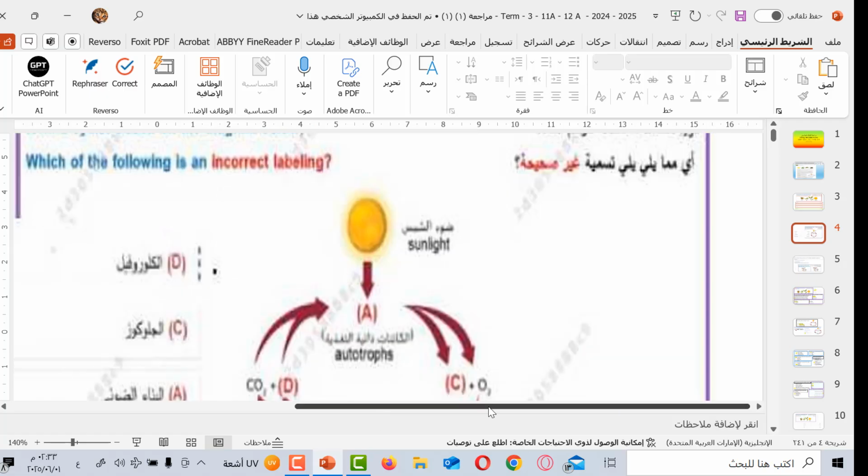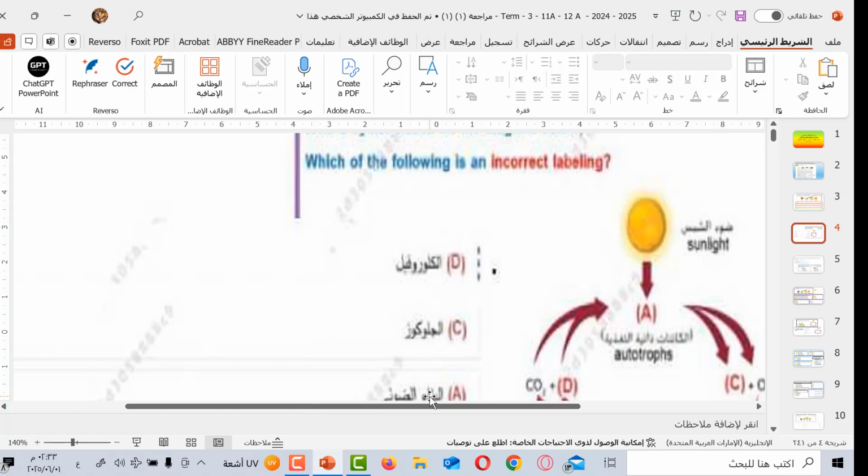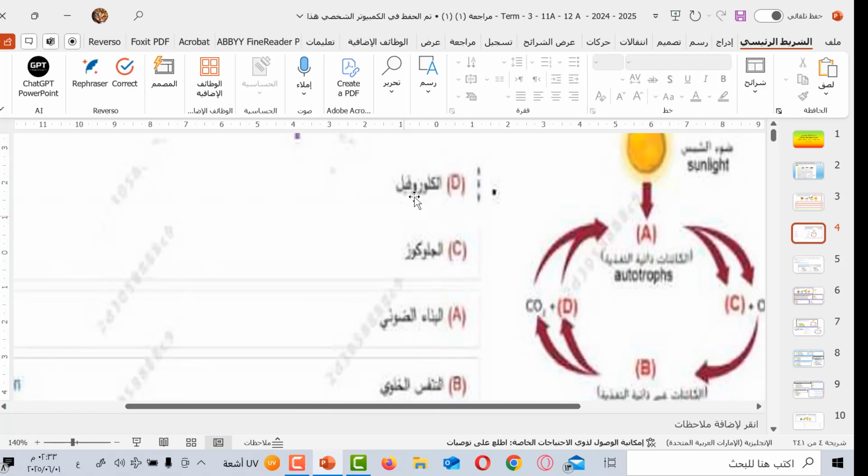He asked which one of these is not correct, so we must read. D is chlorophyll, okay, and C is glucose. It's true, C is glucose. A is photosynthesis, yes, A is correct.